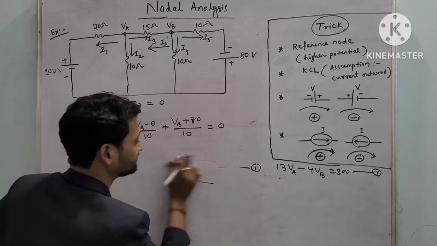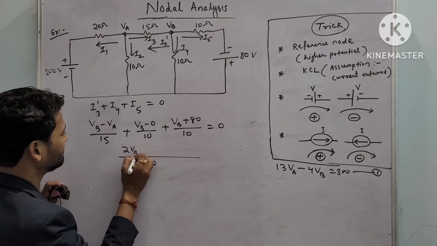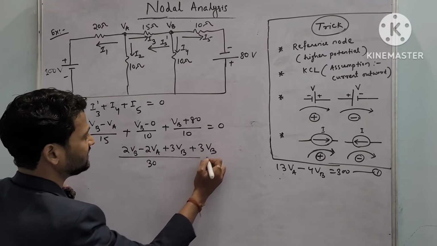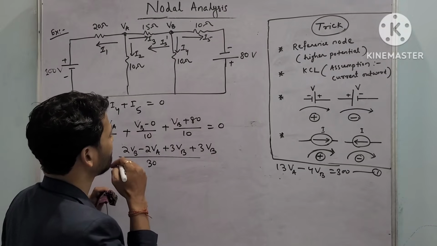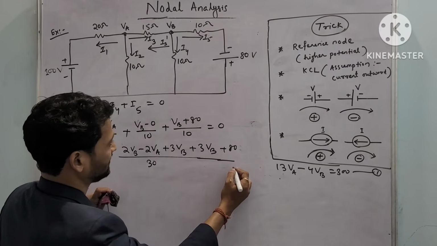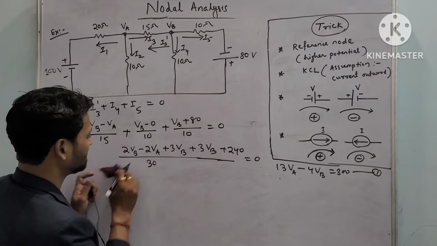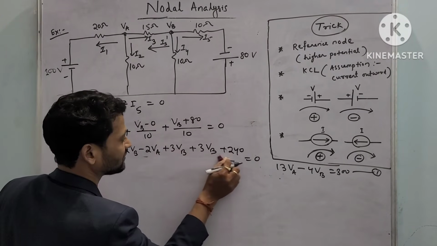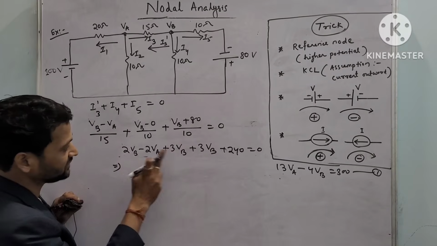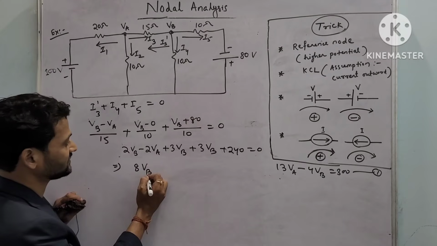So I can erase this part. Okay, so what is the LCM? 30, so it is 2 VB minus 2 VA plus 3 VB plus 3 VB plus 240 will be equal to 0. So in this, 2 VB and 3 VB make 5 VB, plus 3 makes 8 VB.